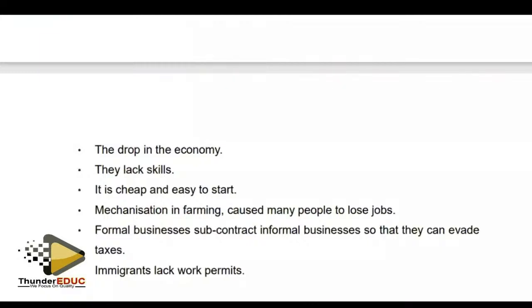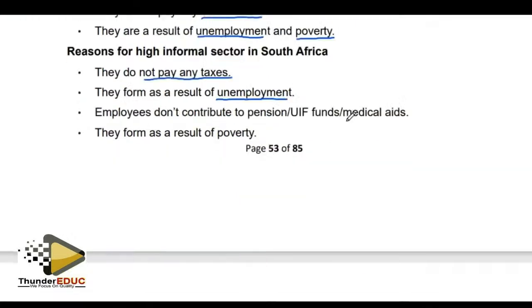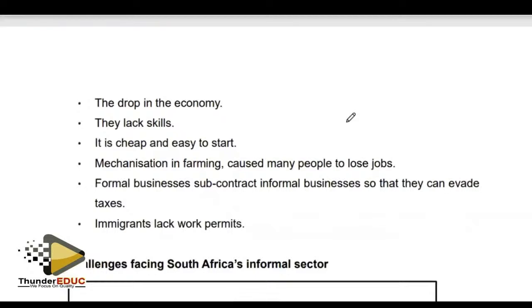A drop in the economy has also resulted in a high rise of informal businesses in South Africa, meaning that the economy is no longer able to support growth. Therefore, people have resorted to starting their own ways of surviving by coming up with informal businesses.